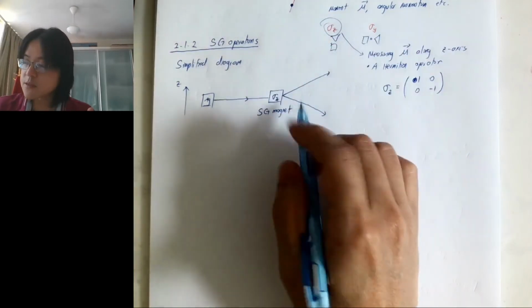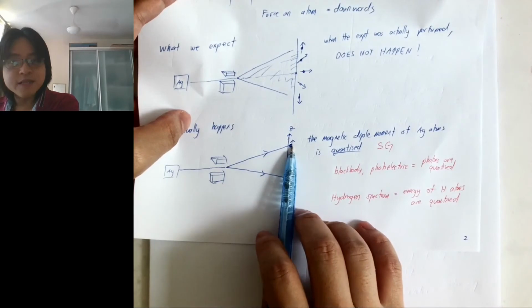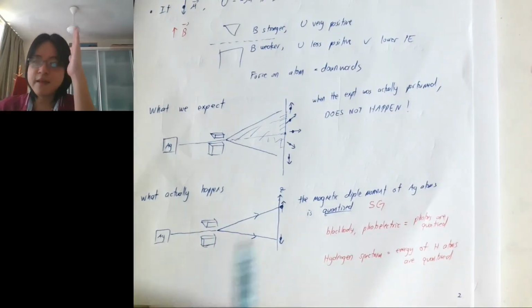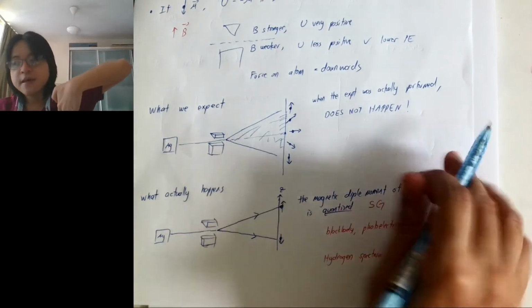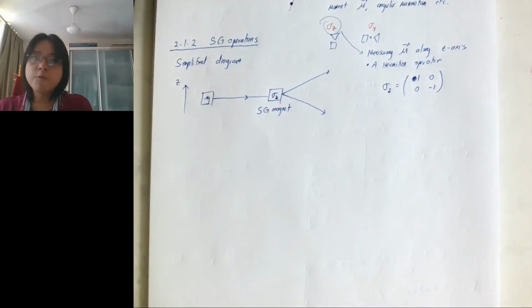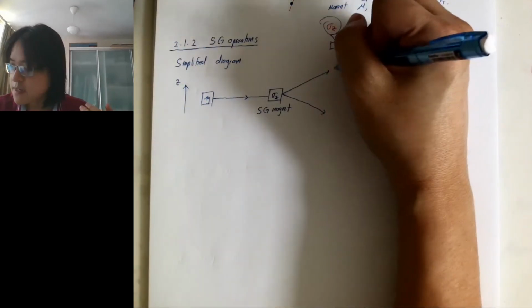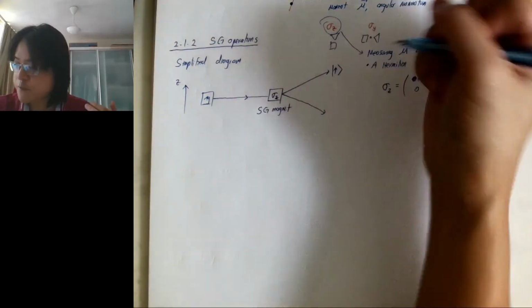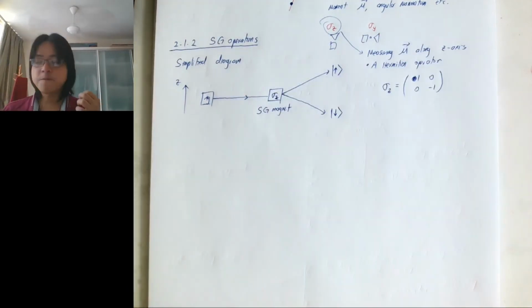Okay, so the particle that is going this way is one state. It is the state of having this axis, this dipole moment, and this is a second state of having this dipole moment. And what postulate 1 says is that a state must be represented by a ket in Hilbert space. So this is the state of pointing up, this is the state of pointing down.